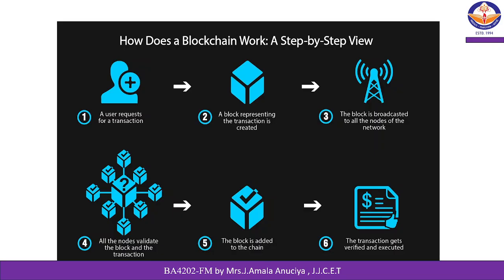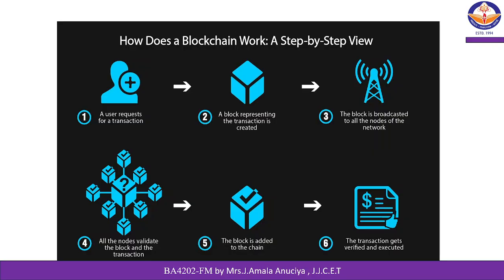First, a user sends a transaction request to the network. A block is created. The block represents the transaction. Also, a block can contain hundreds of transactions at once. Now, the block is sent to all the network nodes.